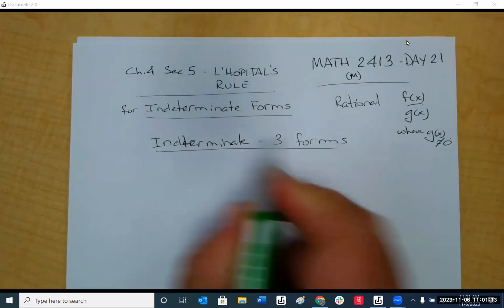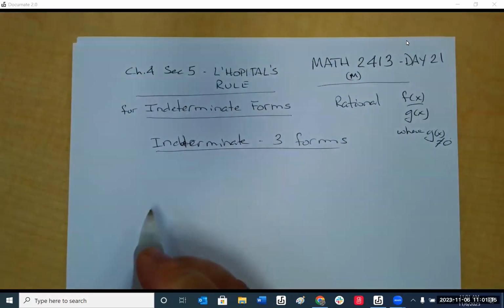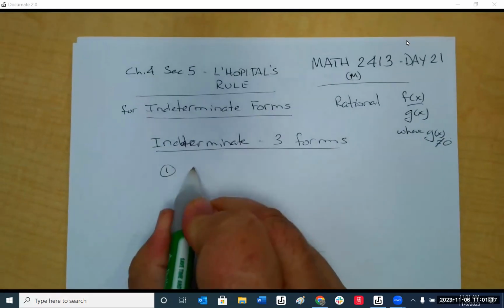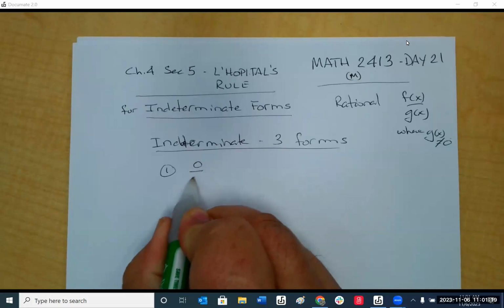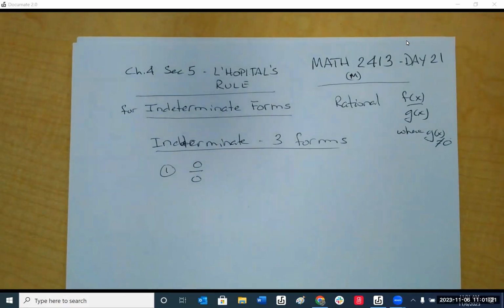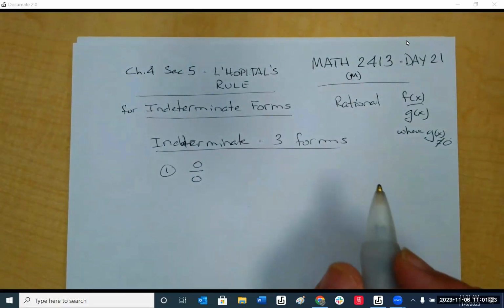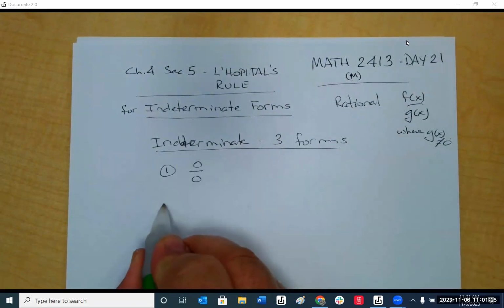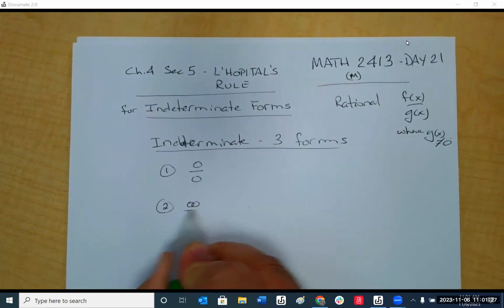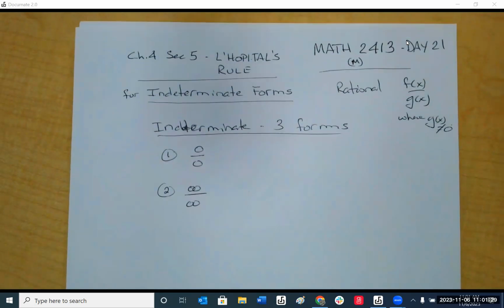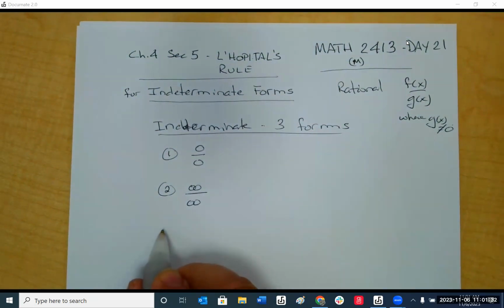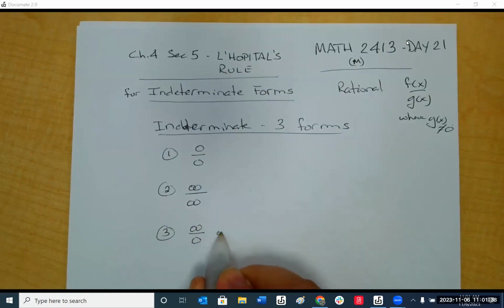The 3 forms of indeterminate: you can have 0 over 0, you can have infinity over infinity, infinity over 0 or 0 over infinity.